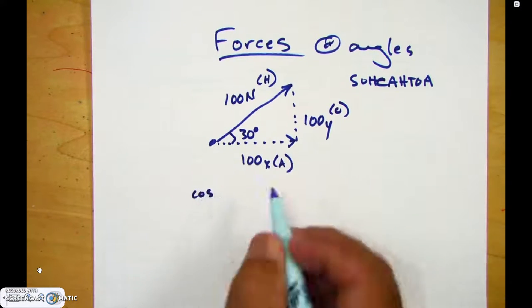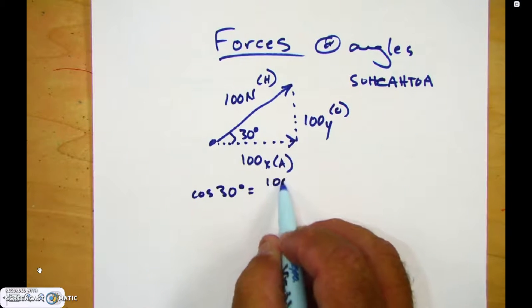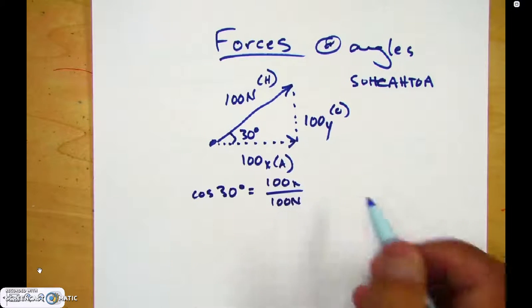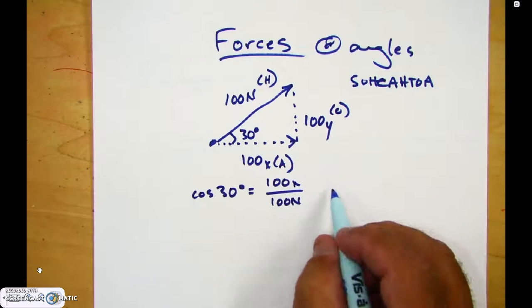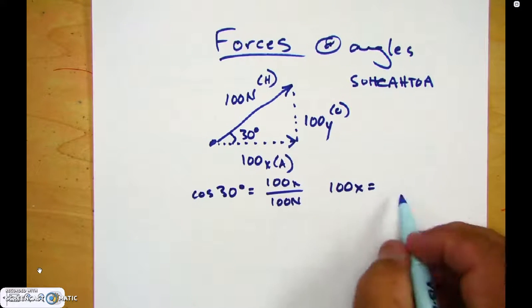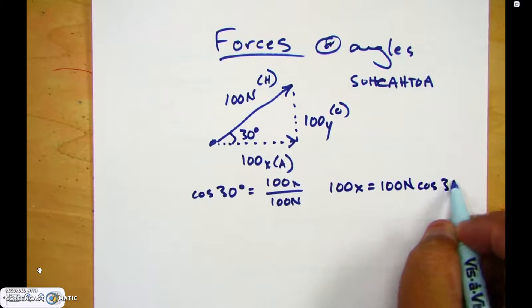So I'm going to say the cosine of 30 degrees is equal to 100x, remember that's my unknown, divided by 100 newtons. So then when I do a little algebraic manipulation, I get that 100x is equal to 100 newtons times the cosine of 30 degrees.